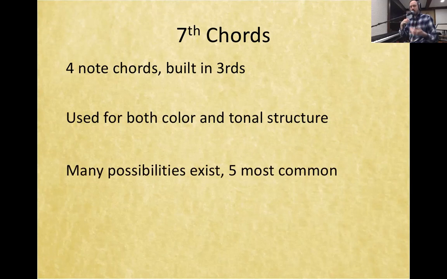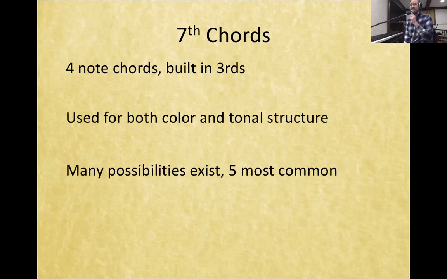Triads, obviously, there's only 3 notes, but we had 3 notes and we came up with 4 different triads, right? Major, minor, augmented, diminished. By adding another note to the mix, we open up a wider door in terms of how many combinations of thirds we can have.